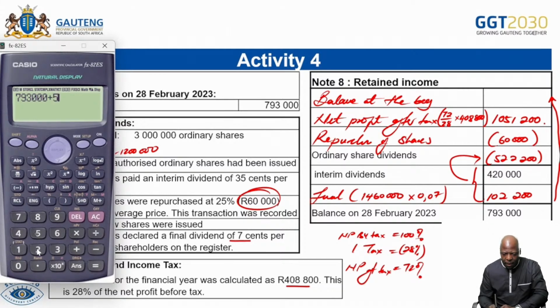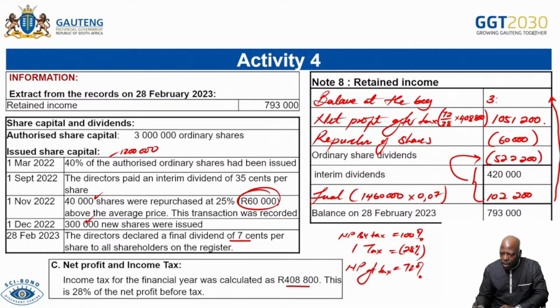Then we're going to say plus 522,200, like that. And then plus 60,000, the 60,000 for the repurchase. Then we say minus 1,051,200 in total. That's going to give us 324,000. So here we're going to end up with 324,000 there, like that.